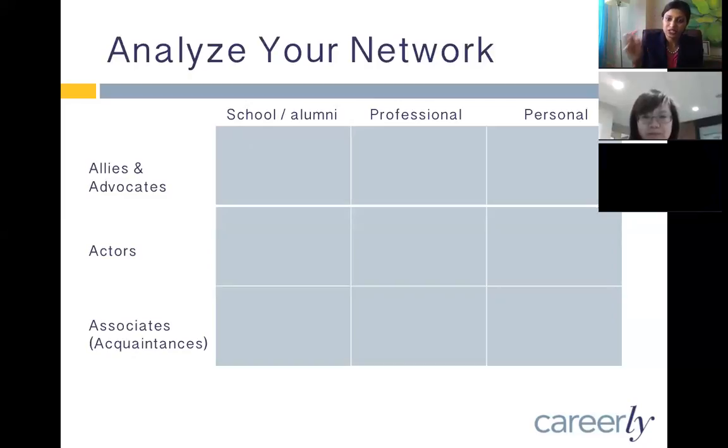So it's really important to target within your school and your alumni, and to start there and see who the people are that you can have some sort of contact with and build a relationship with. And then you move on to professional, which at the moment you may not have too much of, but when you do your summer internship, that's your first group of professional people, right?